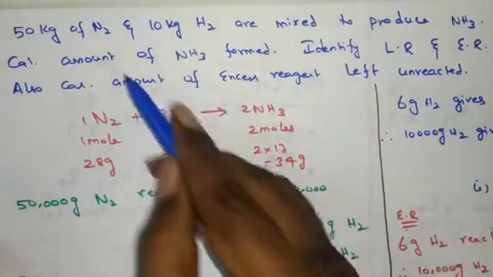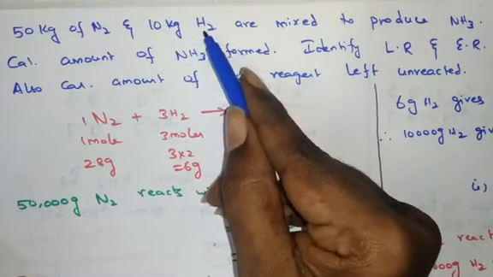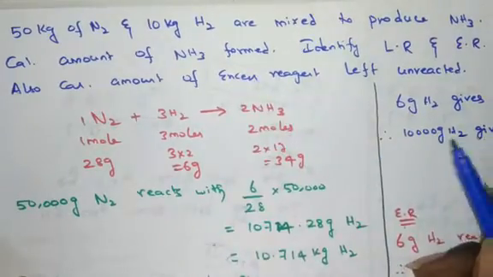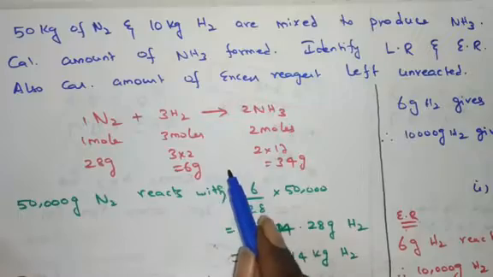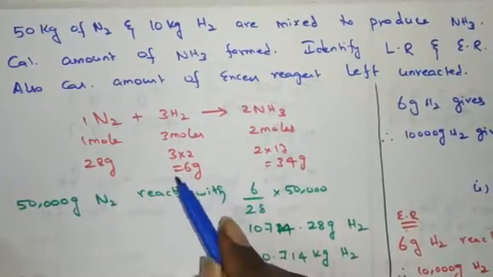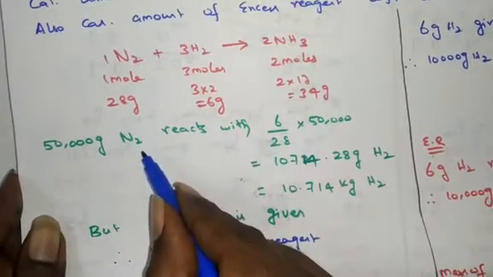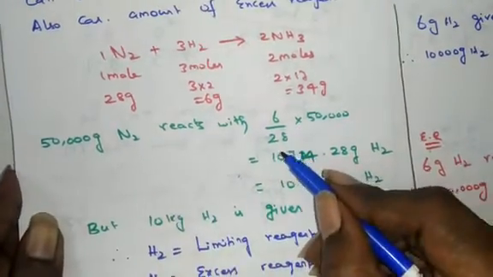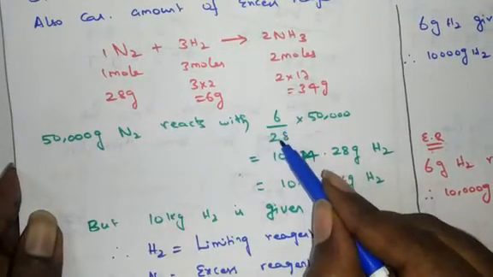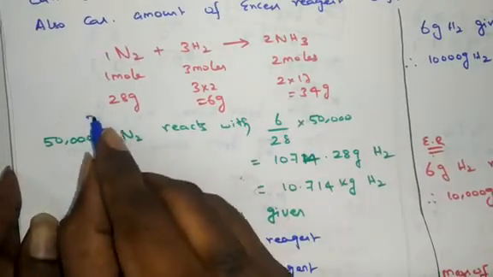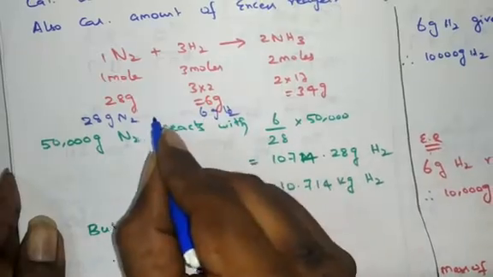But the given mass of nitrogen is 50 kilograms, that is 50,000 grams, and 10 kilograms of hydrogen, 10,000 grams of hydrogen. We know that 28 grams of nitrogen reacts with 6 grams of hydrogen to completely react. But how much hydrogen will 50,000 grams of nitrogen react with?